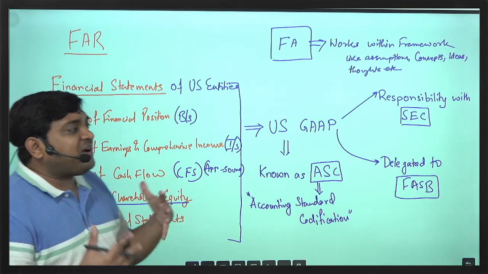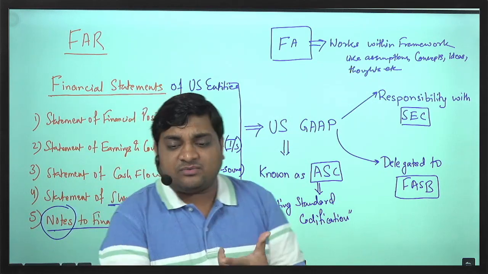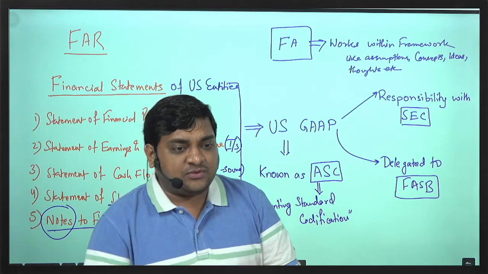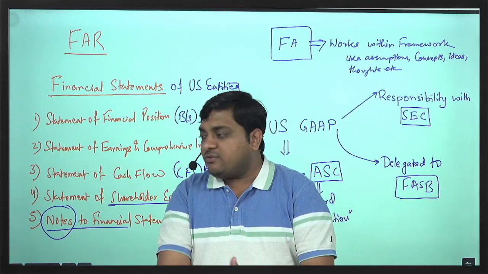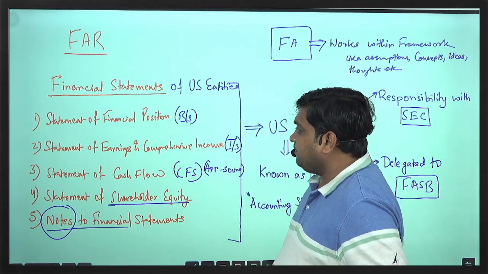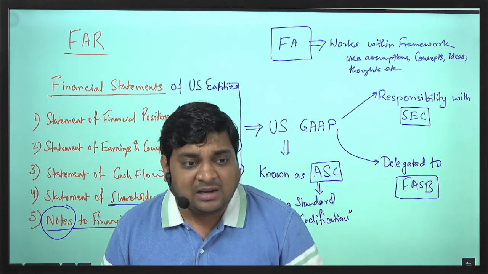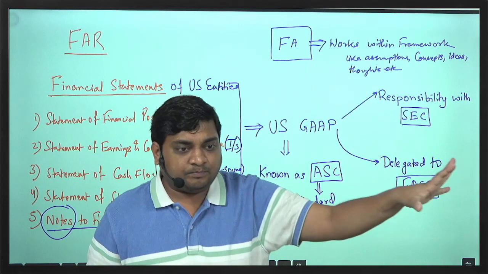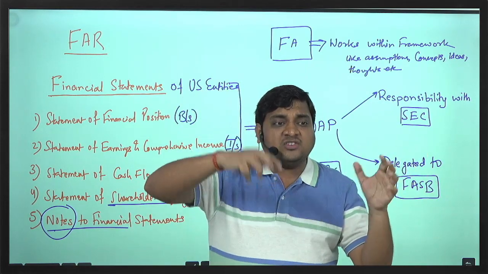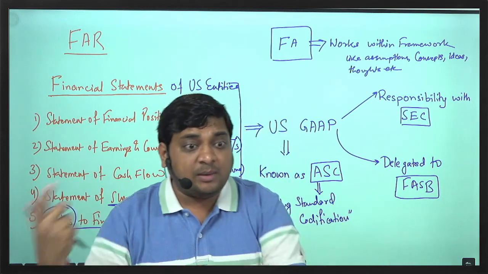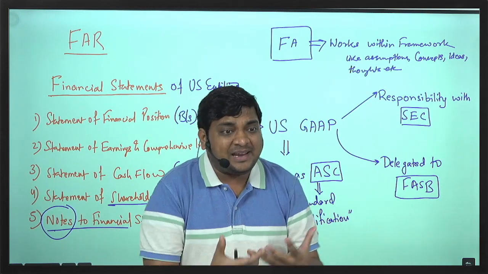So when I talk about financial statement of US entities, you have balance sheet, you have income statement, you have cash flow, you have stockholders equity, you have notes to financial statements. Now these financial statements, when you talk about the reporting part, accounting part. Now when you talk about financial accounting and reporting, the subject name is financial accounting and reporting. When I talk about reporting, it means I'm communicating this to someone.